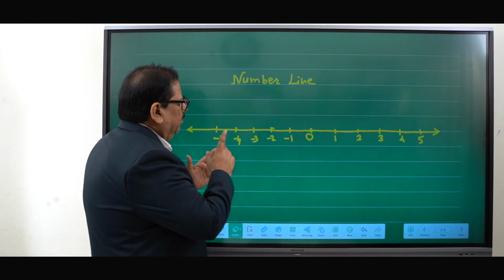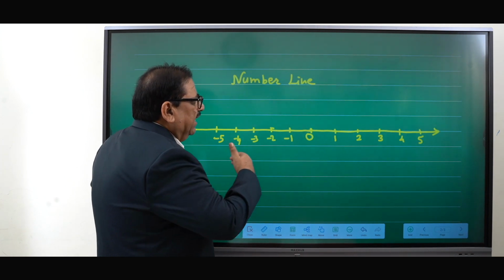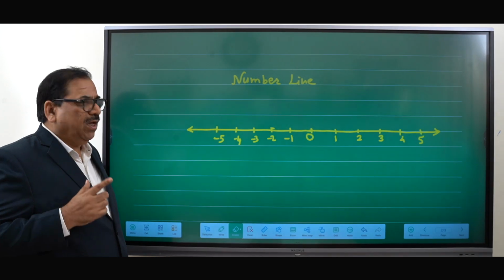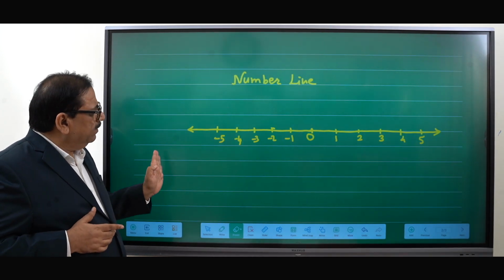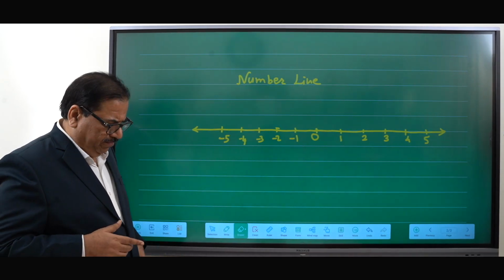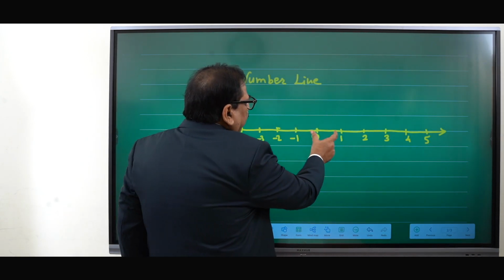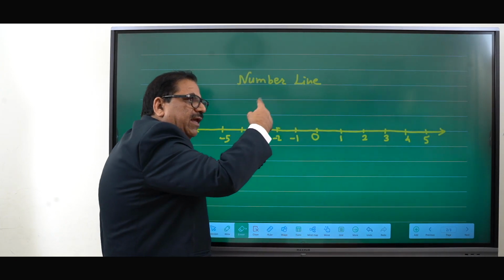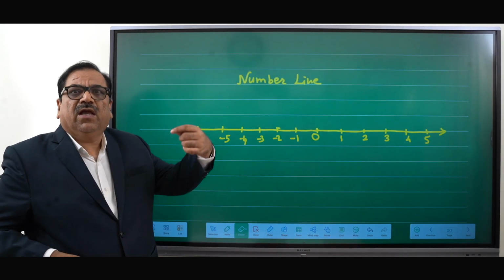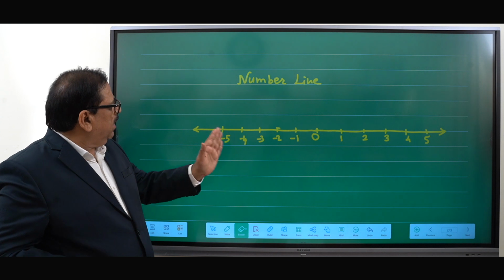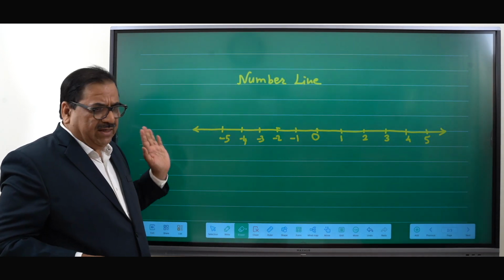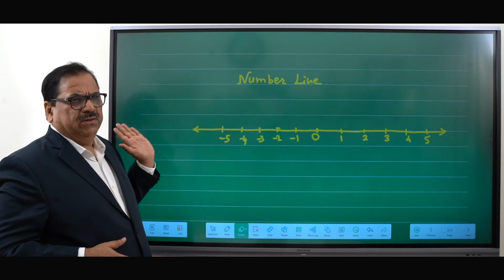From the origin, right hand side numbers are positive and on left hand side numbers are negative. Suppose this is one unit: 1, 2, 3, 4, 5, 6, 7, 8, and in this way countless. On the left side -1, -2, -3, -4, -5 and countless.